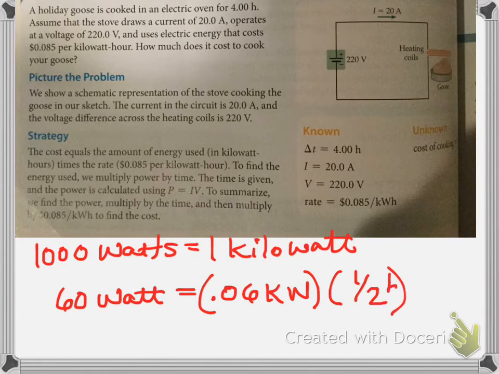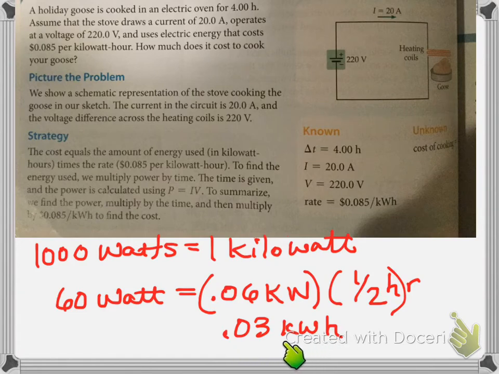So half an hour times 0.06 kilowatts would tell you the number of kilowatt hours. I'm just making this up, this is not part of the example here. So that would be 0.03 kilowatt hours. A 60-watt bulb turned on for half an hour means 0.03 kilowatt hours turned on your electric meter.